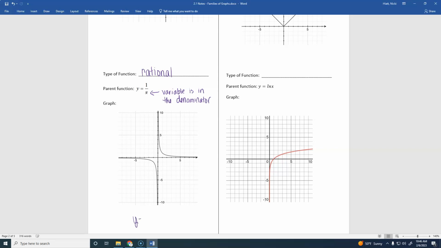Sometimes you'll see equations like this, x divided by 2. That is not rational, because your variable is in the numerator for that.